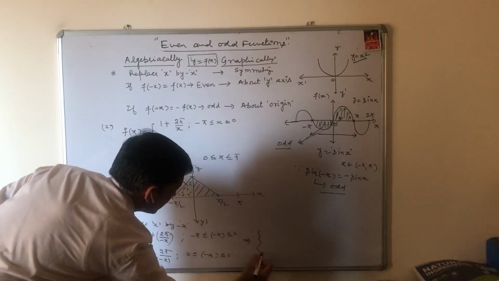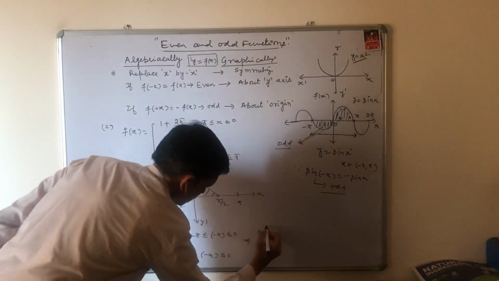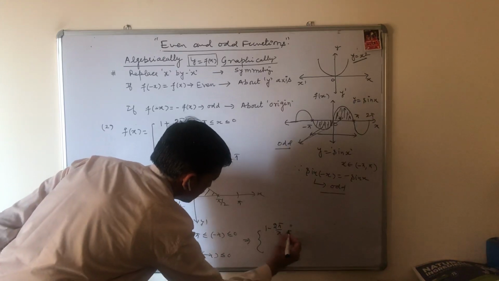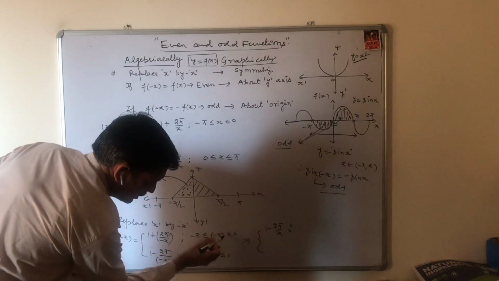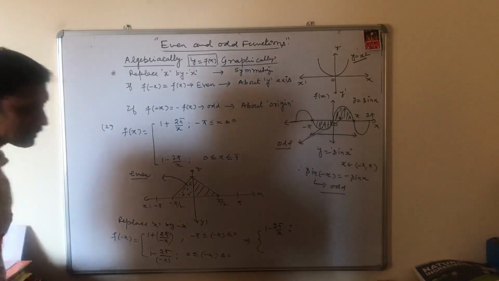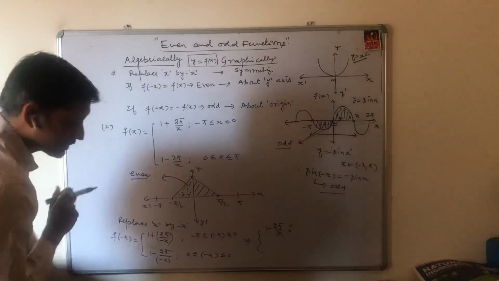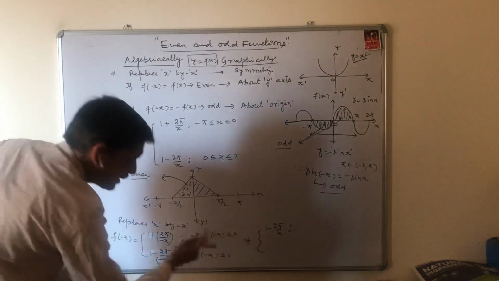We further simplify this function, plus minus minus, so we can write it as 2 pi by x. Here the range is for minus x, but in the initial function the range is for x. So we should multiply both sides of this inequality by a minus sign.